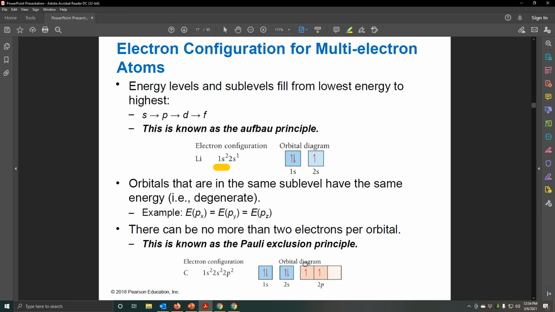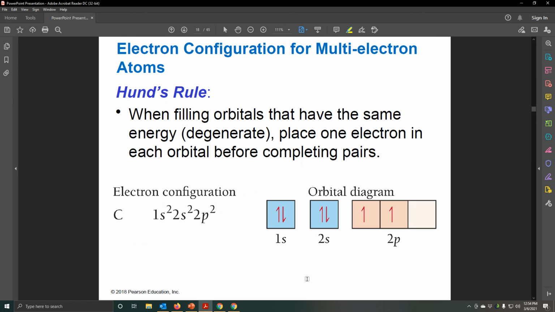And that is what we call Hund's rule. Hund's rule is when we're filling our orbitals that have the same energy, they're degenerate, we place 1 electron in each orbital before we start pairing them up. So if I had another 2 electrons, I would put 1 right here, and then I would come back over here and fill it and pair this up, so you'd have the 1 going down.